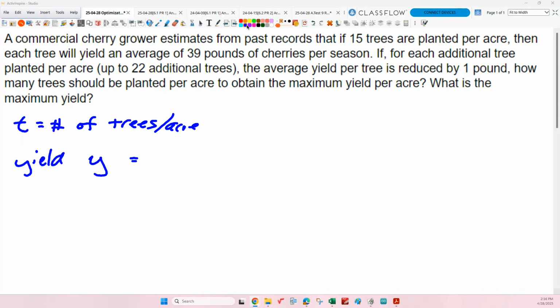What's Y going to equal? Right. How could I calculate that?